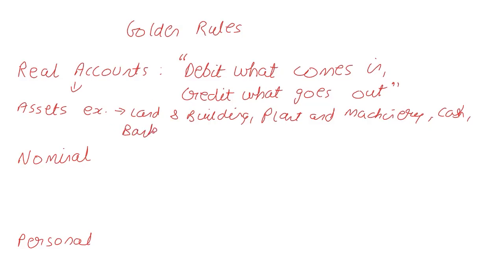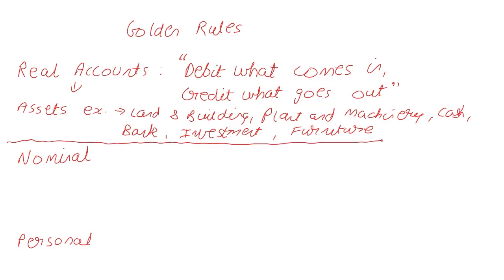Okay, so we would include the cash account, bank account. Think of investment, think of furniture. Okay, so all of these would be different accounts under the real account. All right, so it would be land and building account, plant and machinery account, cash account, bank account, investment account, furniture account. All right, now that we are done with the real account, we will look at the nominal account.